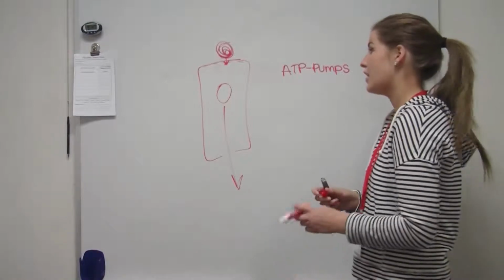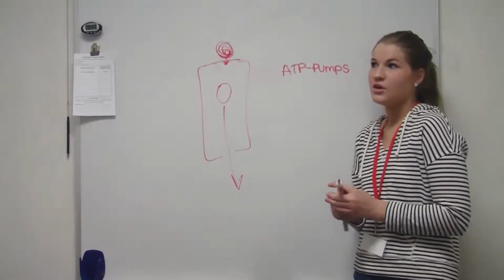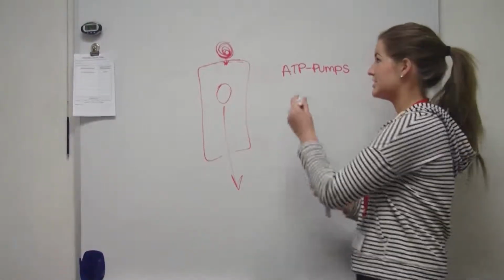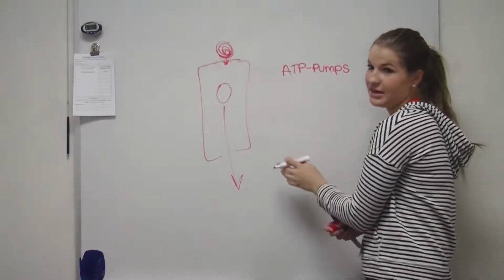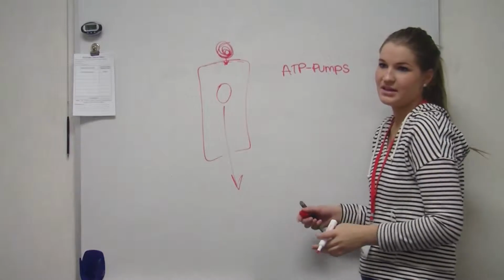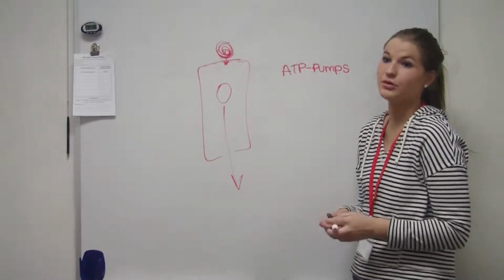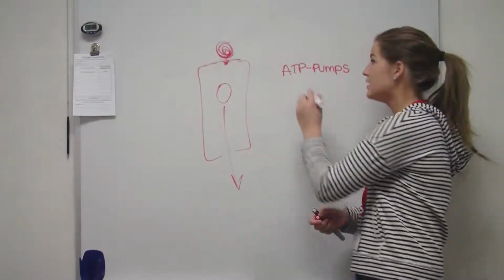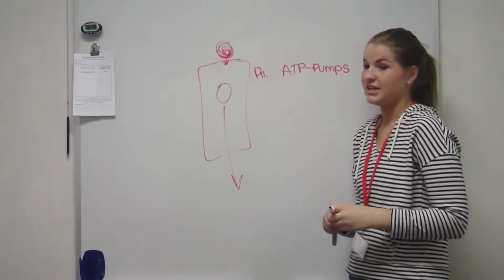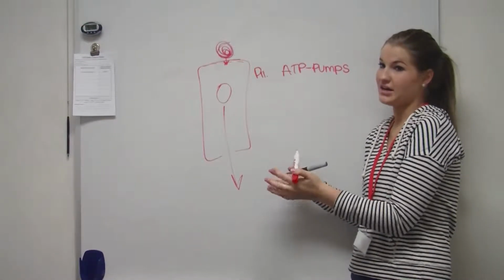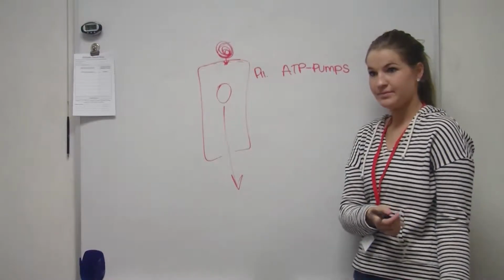Okay. So on a test question, they could list ATP-powered pumps, secondary or primary, carriers, and leak channels. They could say which one directly requires ATP. Only your primary one does. Your secondary is going to be a secondary use of ATP. How does it do that?